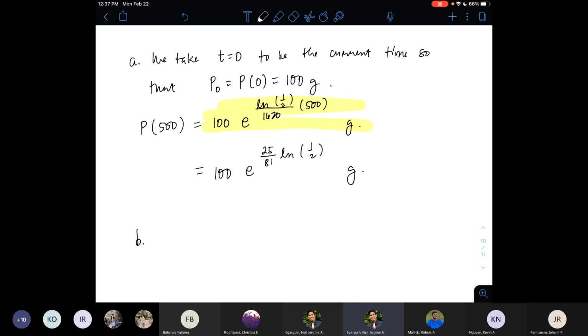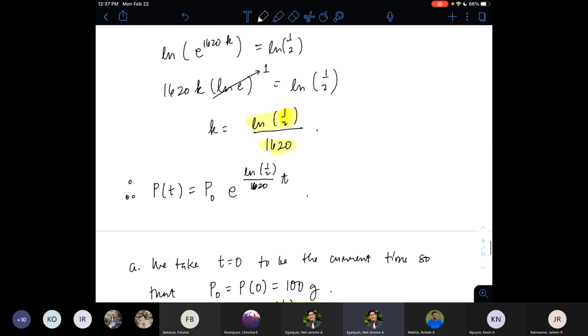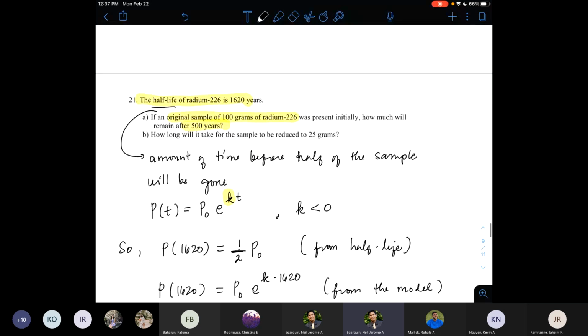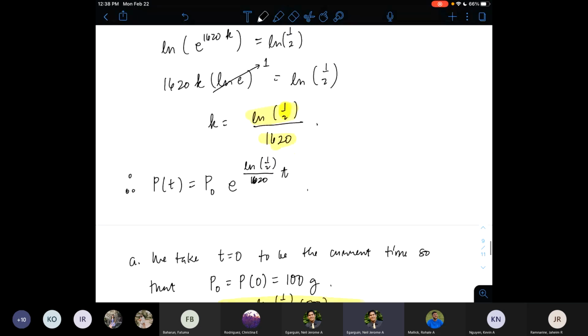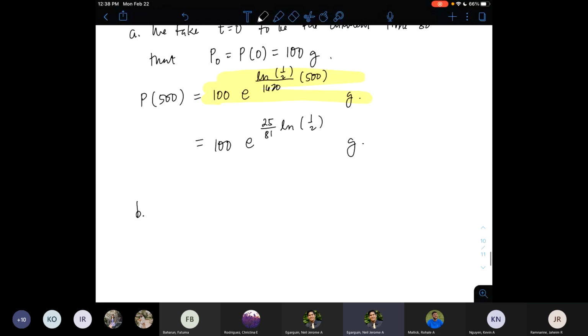Okay, and then let's try question B. For question B, how long will it take for the sample to be reduced to 25 grams? So we want to find t. We need to find t such that the amount of radium at that time t is equal to 25 grams, right?